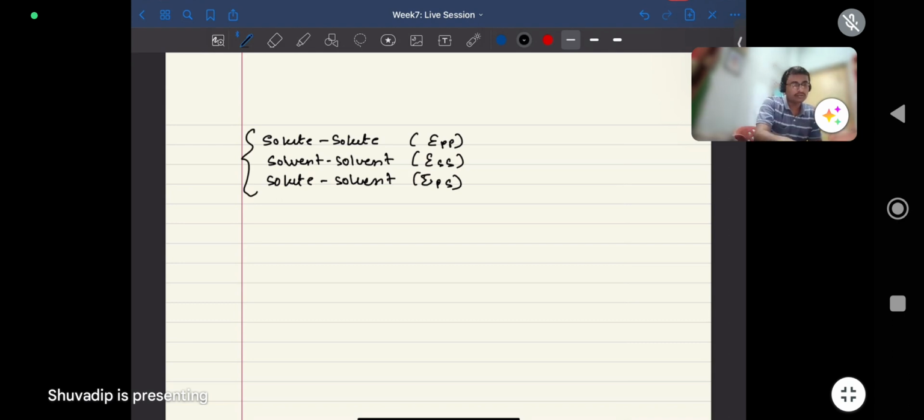Now the total energy of the system will be epsilon pp into Npp, number of solute pairs, plus epsilon ss into Nss, number of solvent pairs, plus epsilon ps into Nps.